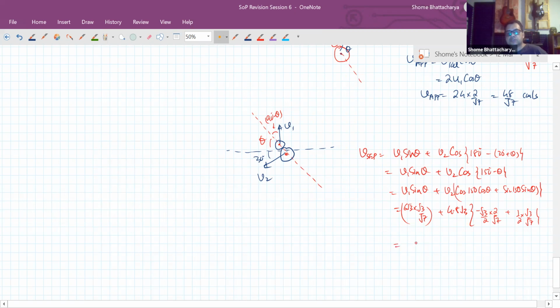So you can see that this is our separation velocity.